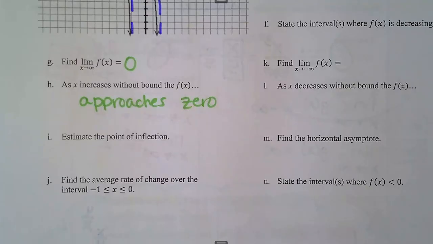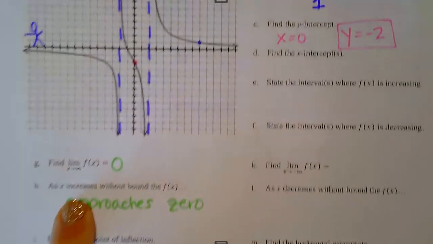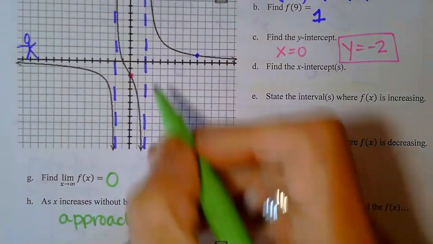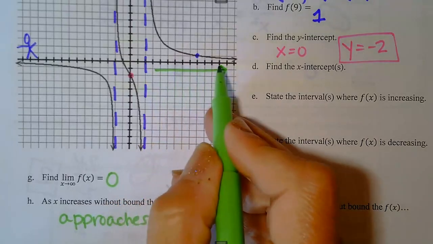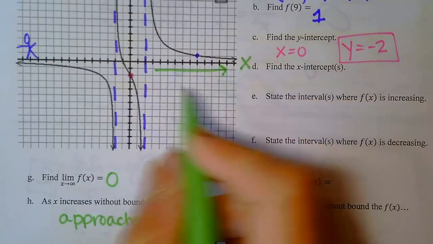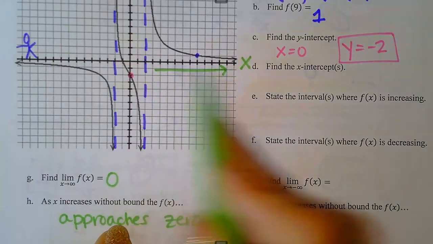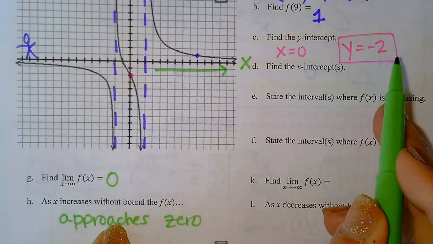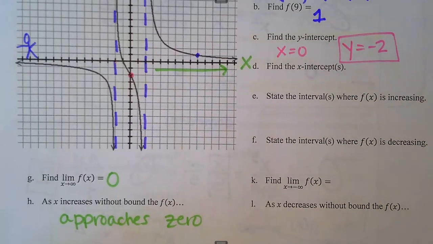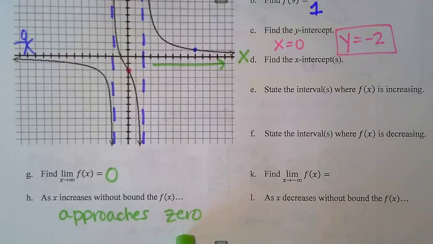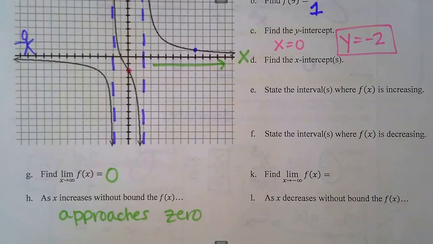As x increases, these numbers are 2, 3, 4, 5, 6, 7, 8, 9, 10 on the x-axis, without bound, meaning it's going to go on forever. That could go out to 2,542. It's going to get closer and closer to 0. That's all it's asking. Okie dokie.